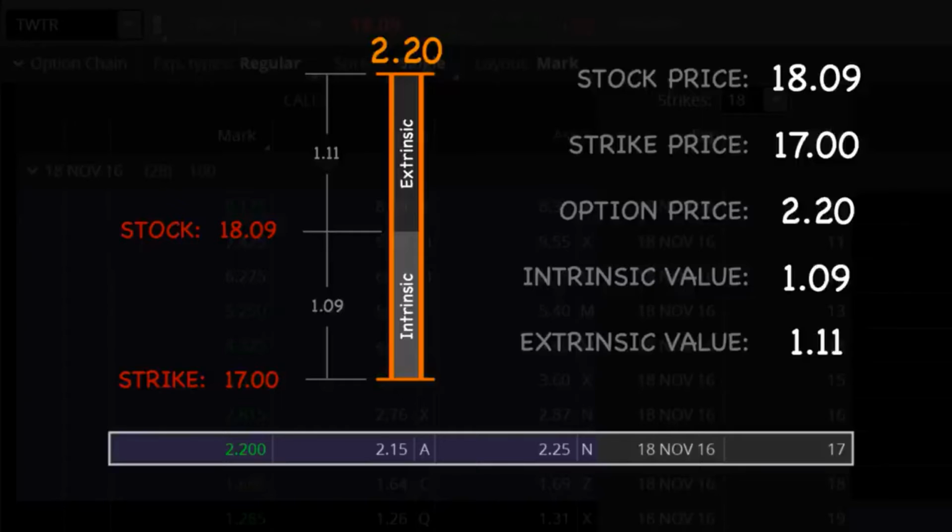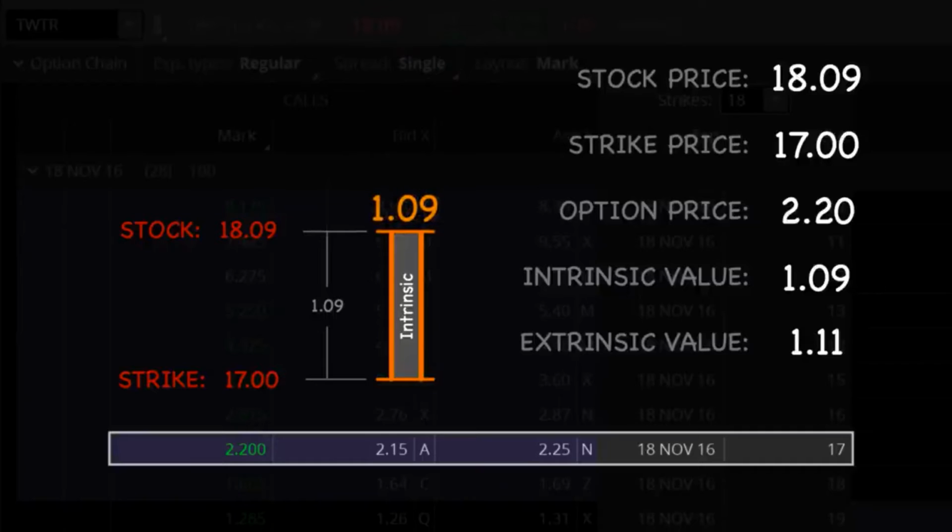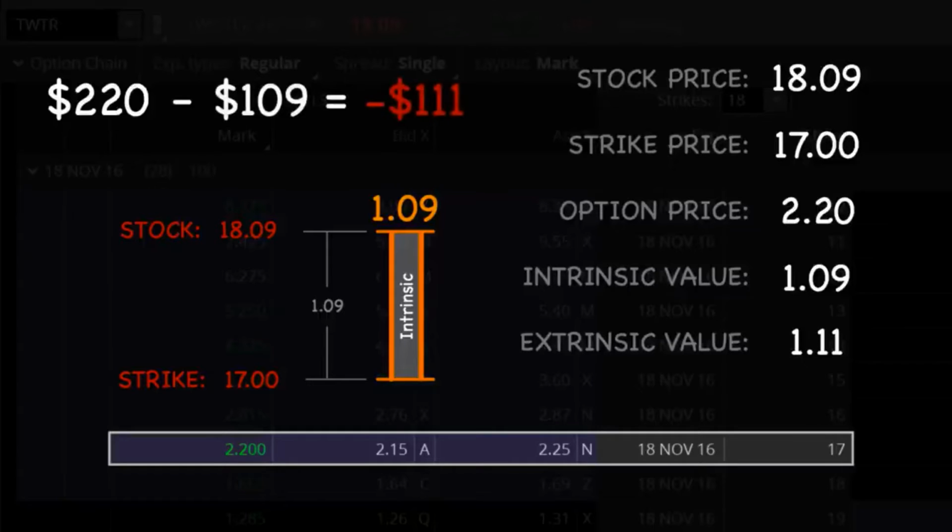We know that if Twitter stock doesn't move and just trades sideways for the next 28 days, then this option is going to gradually go from $2.20 down to $1.09. And we learned in the last chapter that option prices have a multiplier of 100. So in this case, we paid $220 and sold it for $109. So our net loss would be $111 and the stock didn't even move.